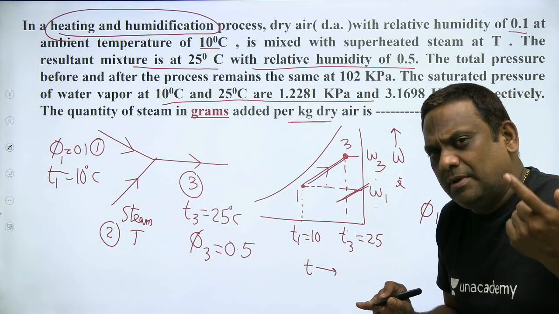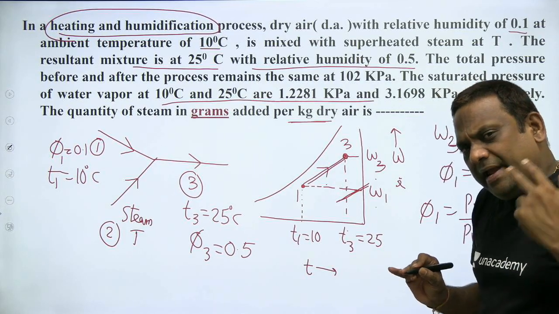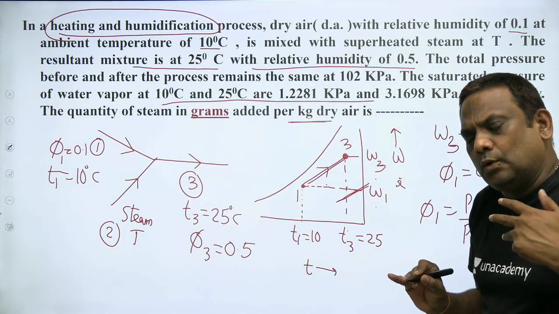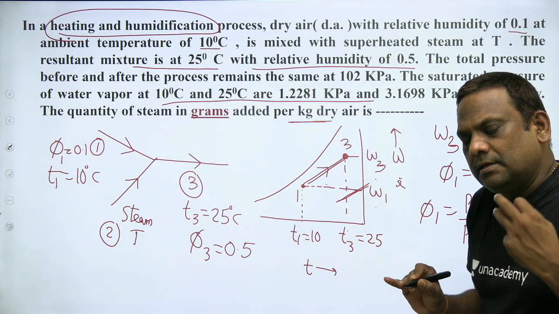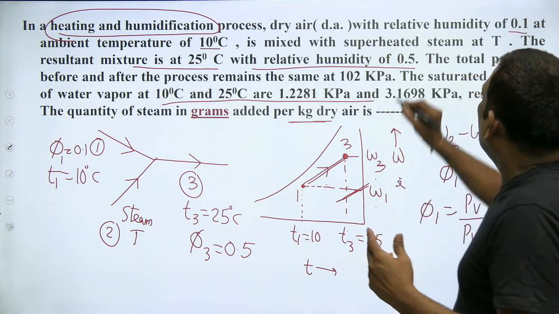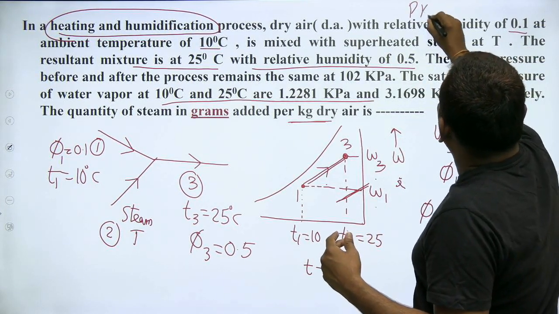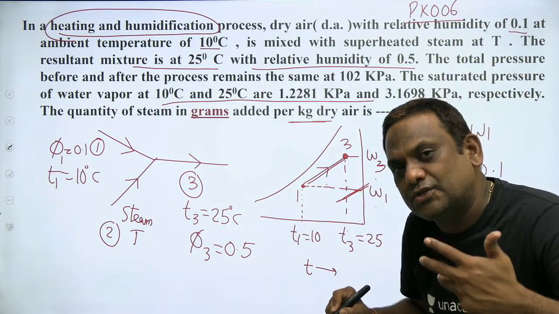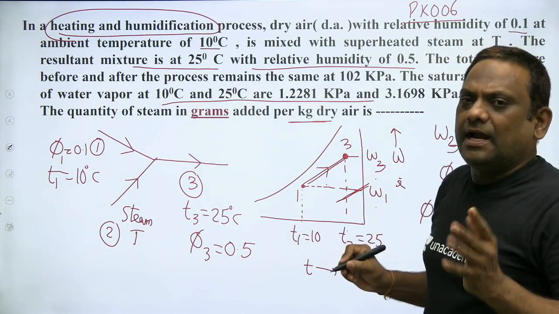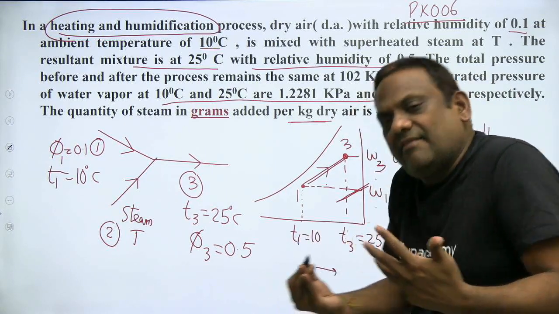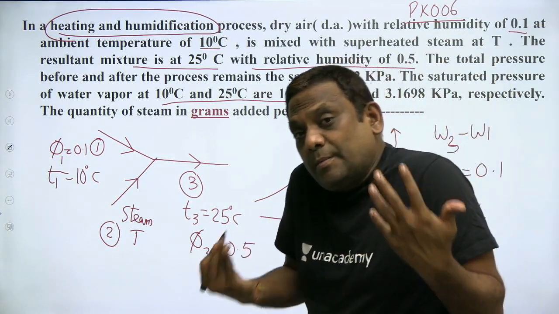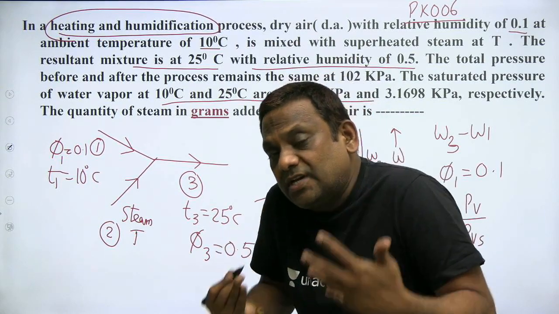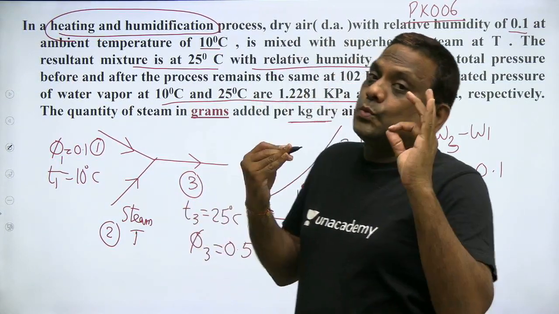If you have any problem, I have made good lectures on psychrometry. Go to Unacademy and refer my code, that is PK006. There you will see a series of lectures on psychrometry, and there you can see all basics available, where I discuss psychrometric terms, like how this chart is developed. All those I had discussed very clearly.